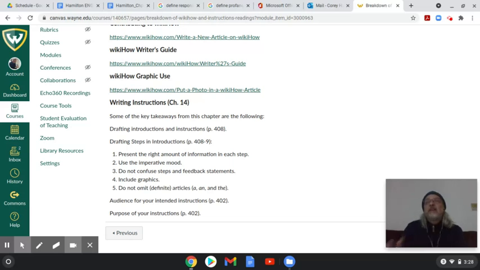But by and large, with WikiHow, the formatting's already set up for us, so some of the work is taken off of our shoulders. We don't have to worry about how it's represented. All the WikiHows are basically formatted the same. A lot of things we don't have to worry about, so the readers' expectations as far as how it looks, design-wise, we don't have to worry about.